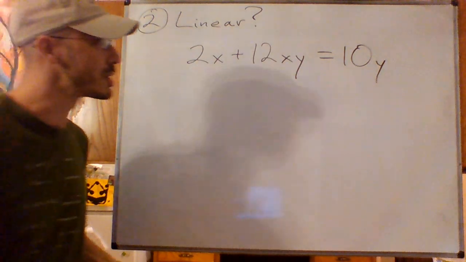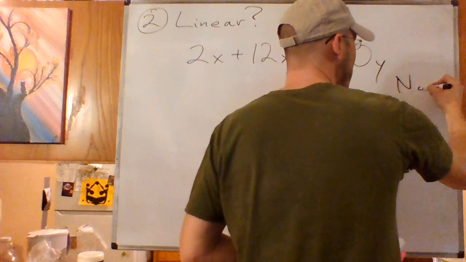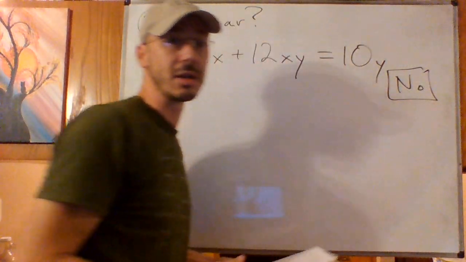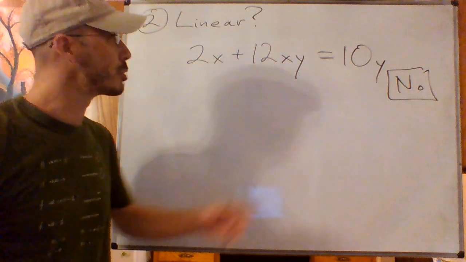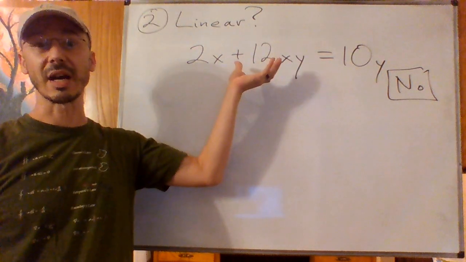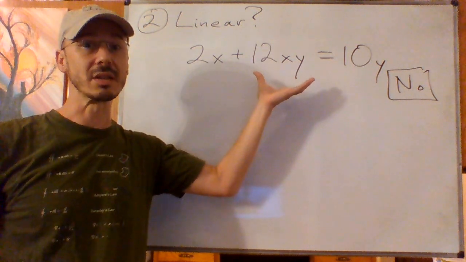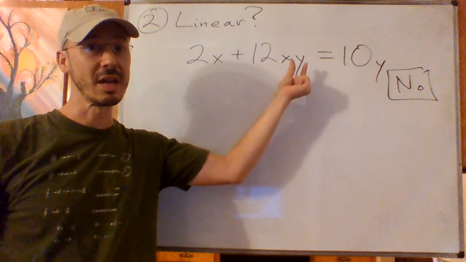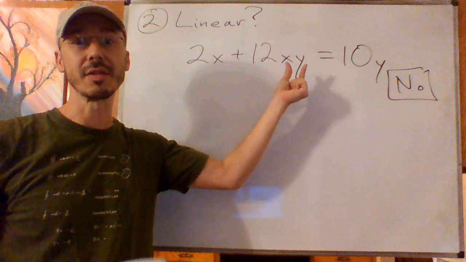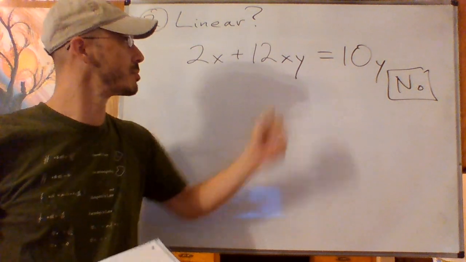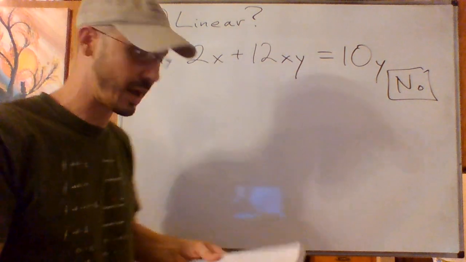And the answer is no, or not linear. I could bring this 10y expression to this side, but this has no place in a linear equation in two variables. X times y isn't one of the things that I can have in a linear equation. Non-linear is the word for that.